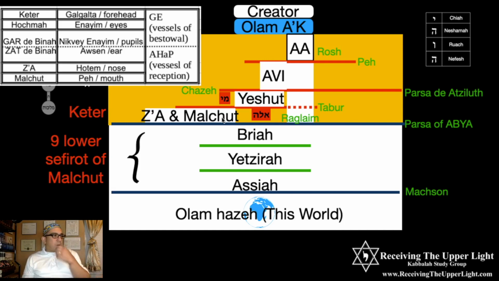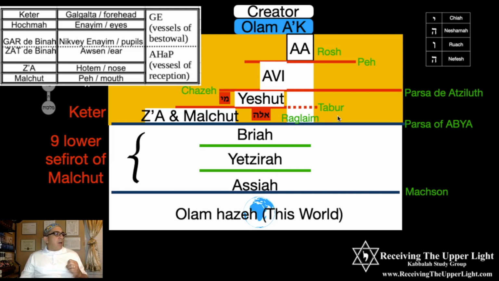And what does that mean, to create generations? The generations, the souls, are going to be living in this area over here, in the worlds of Beria, Yetzira, and Asiya. And these souls are going to be created from Zeir Anpin of Atzilut.